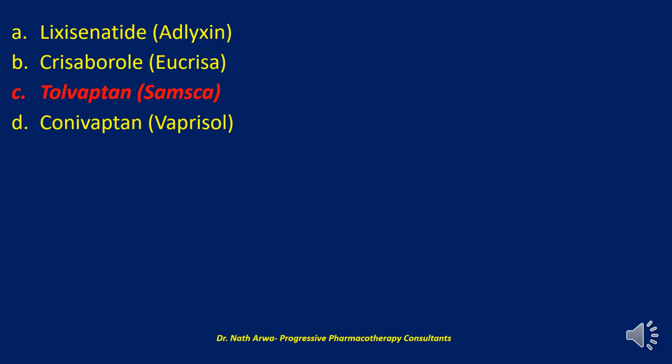And conivaptan is an IV arginine vasopressin receptor antagonist, and it can be used to raise serum sodium levels in hospitalized patients with euvolemic and hypervolemic hyponatremia.